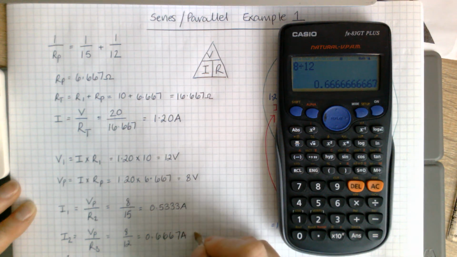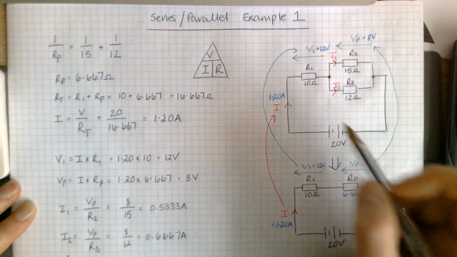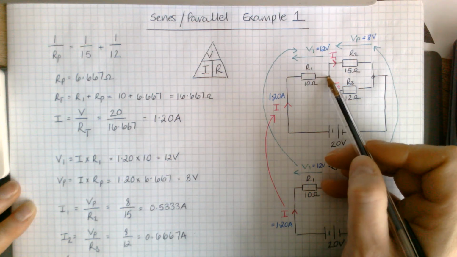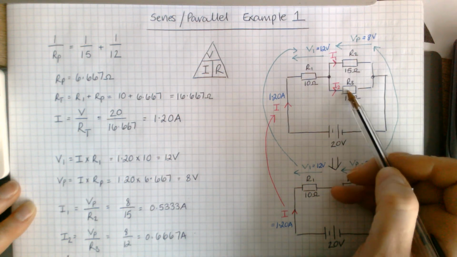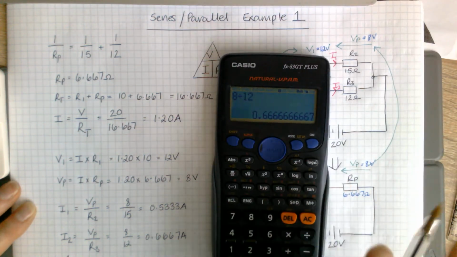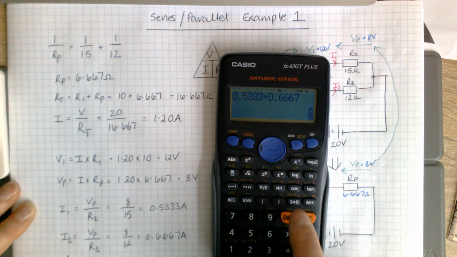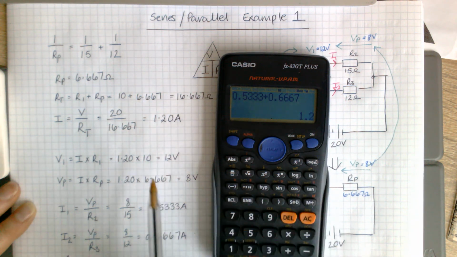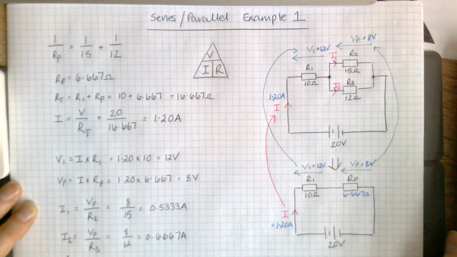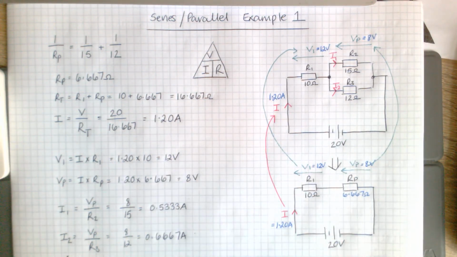And you know that when you add these two together, the current coming into here is 1.2 amps, so that should split into 1.2 amps between these two. So if I add my 0.5333 and my 0.6667, I get 1.2, which is my supply current there. So that all checks out fine. And that's my first example complete.